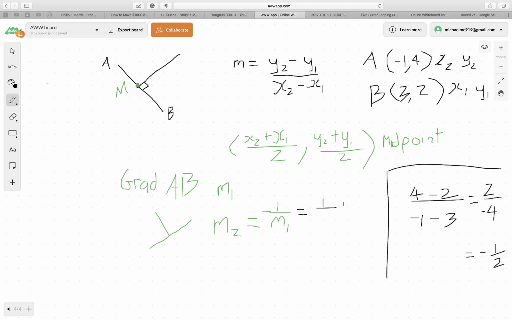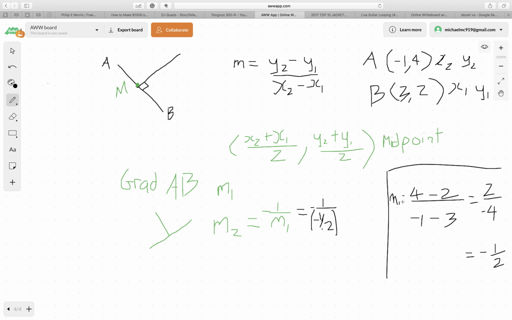And so to find the gradient of the perpendicular bisector, we have to find the negative reciprocal of m1. Let's draw a bracket here. This is m1, which is what we just determined.